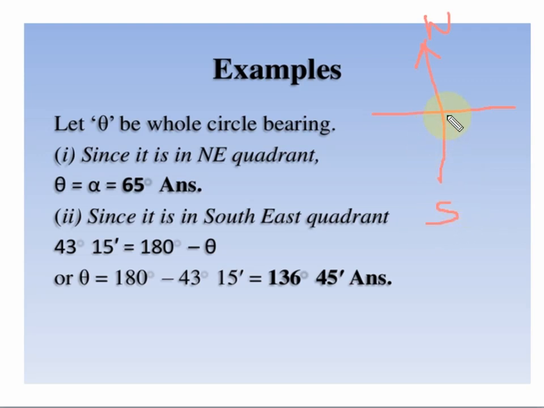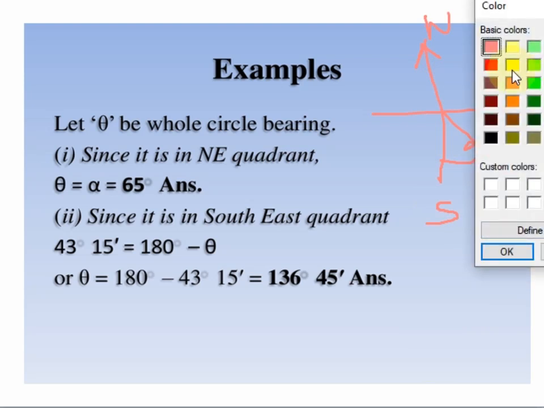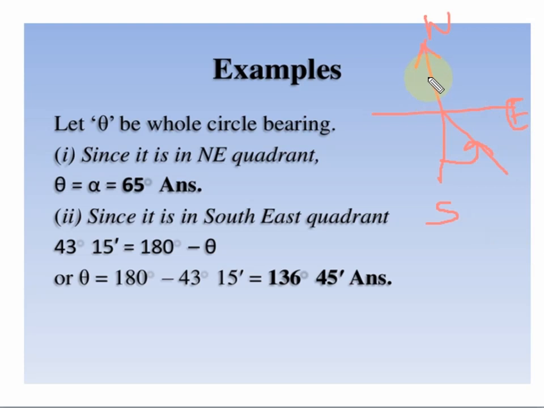It is in the second quadrant, south 45 degree east is given. So what is the whole circle bearing? The whole circle bearing is nothing but the bearing measured with respect to north to the survey line. So this is your whole circle bearing. So how can you calculate it?